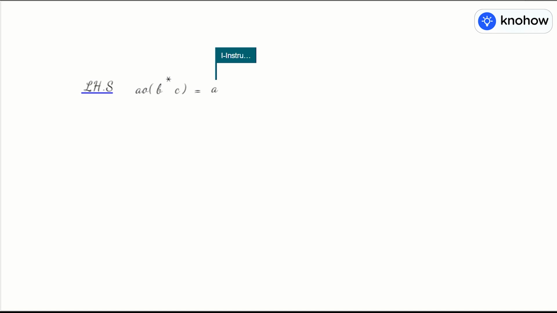And now you take the right hand side, (A O B) star (A O C). What is the first element of A O B? It is A. What is the first element of A O C? It is A again. And what is now A star A?